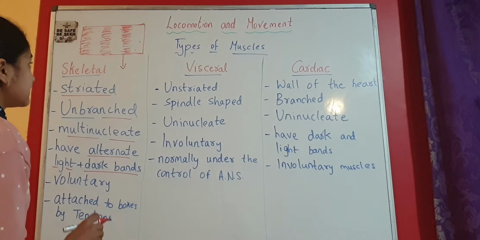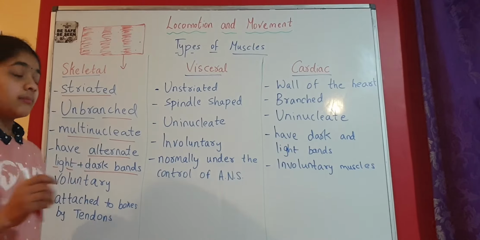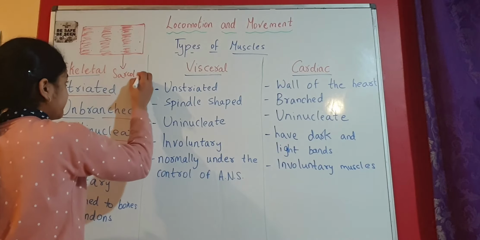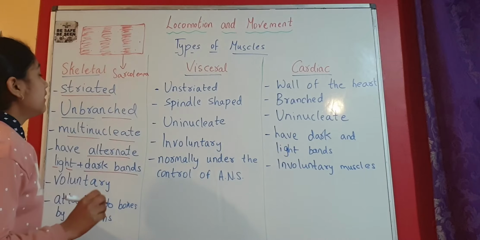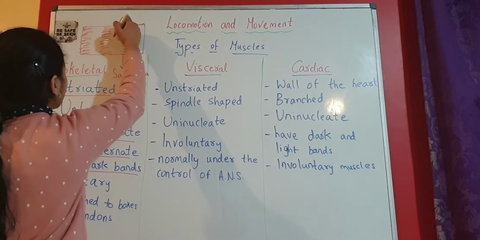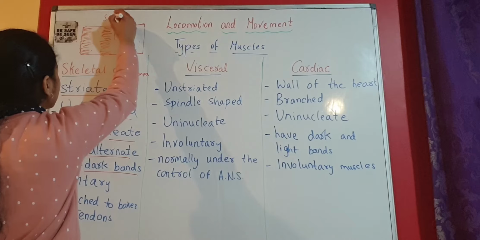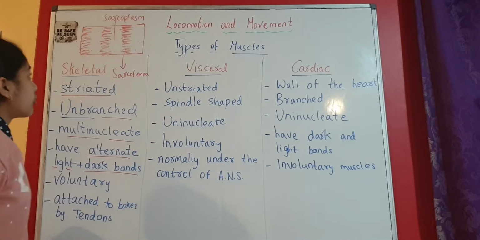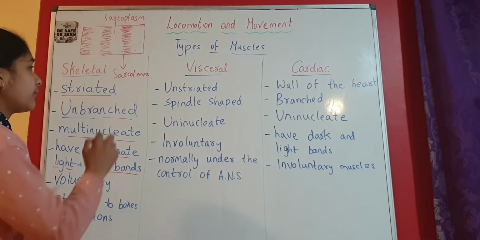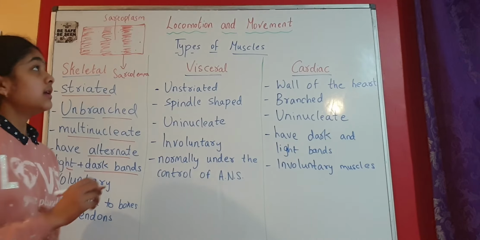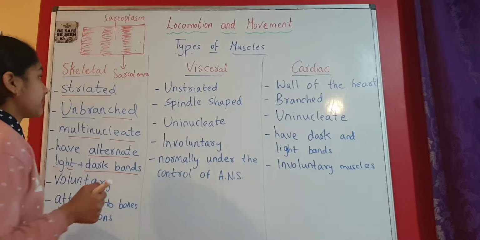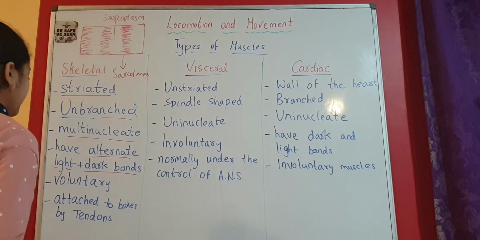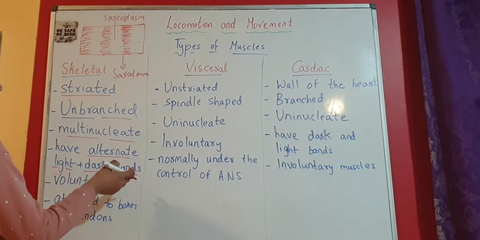Usually in skeletal muscles, the plasma membrane is called sarcolemma. And usually the cytoplasm is known as sarcoplasm. And as we cannot draw here, the endoplasmic reticulum of muscle cells is called sarcoplasmic reticulum. So skeletal muscles are multinucleate and they have alternate light and dark bands.